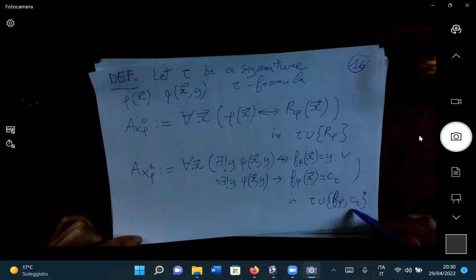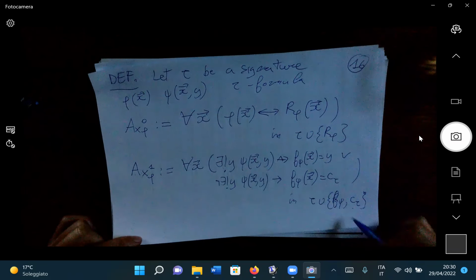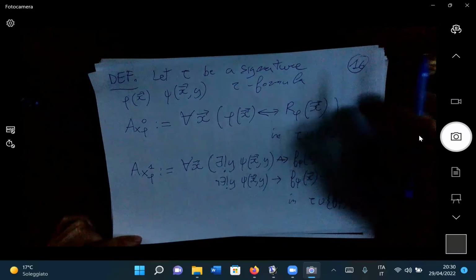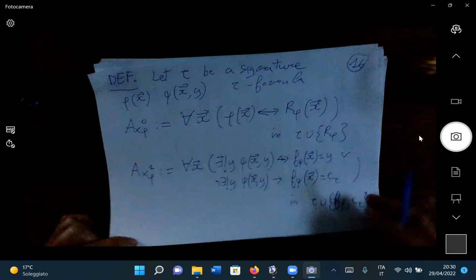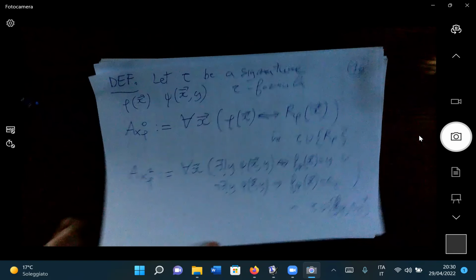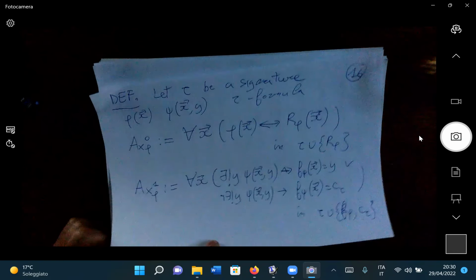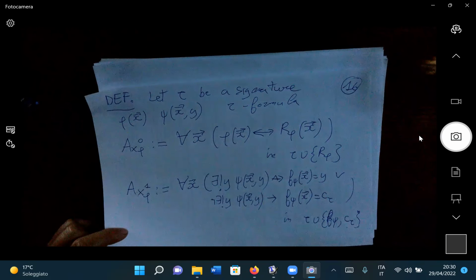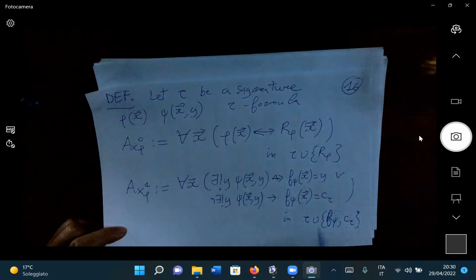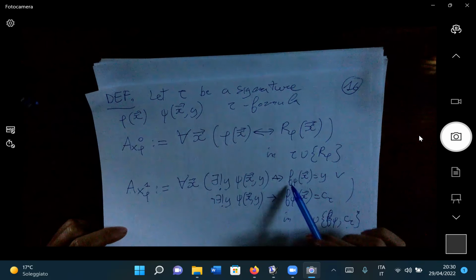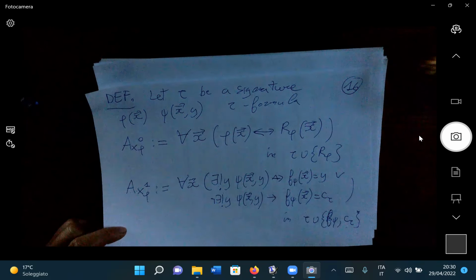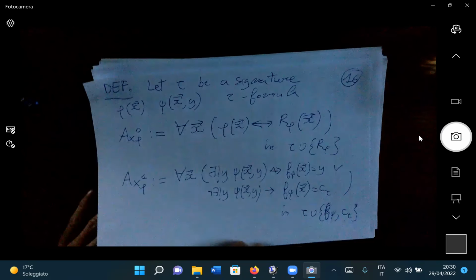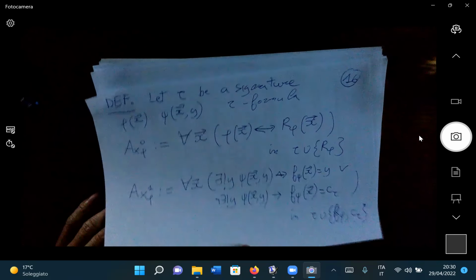I have freedom just to interpret this constant symbol, but once the constant symbol is interpreted, those axioms tell me how all the other symbols must be interpreted. While if this condition is dropped, then I may have many different interpretations of this Skolem function, which are compatible with the fact that it's a Skolem symbol for the formula.